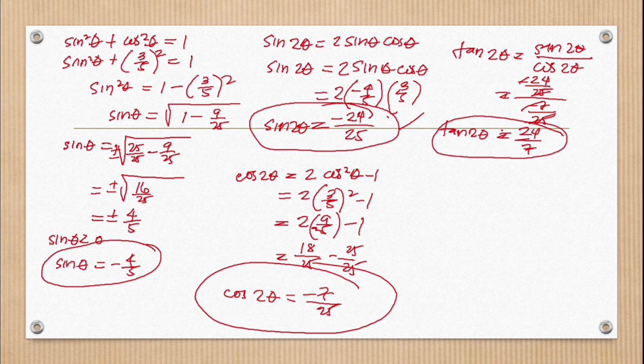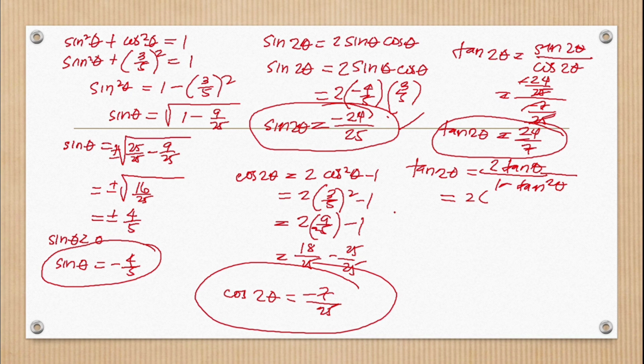But if we're going to use the identity, which is tangent 2 theta is equal to 2 tangent theta over 1 minus tangent squared theta, we just simply substitute here. So we have 2 times, what is tangent theta?